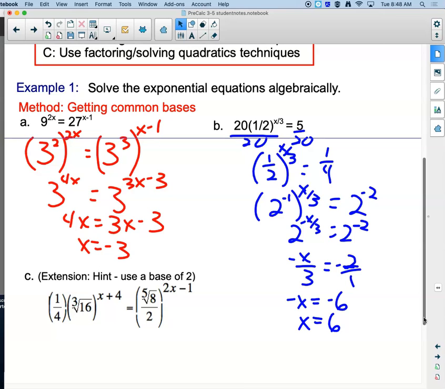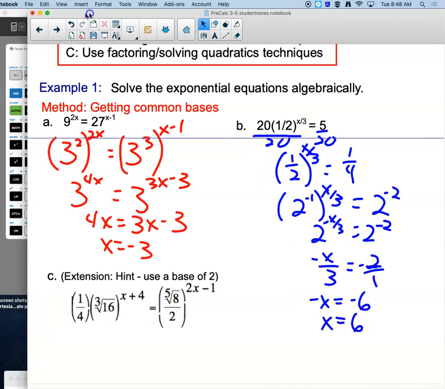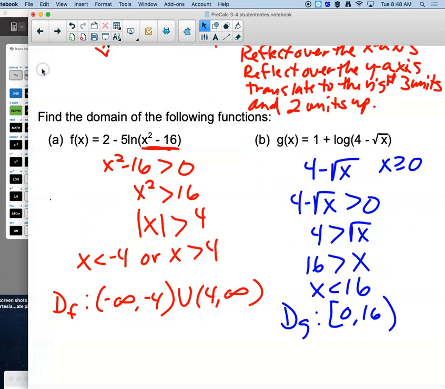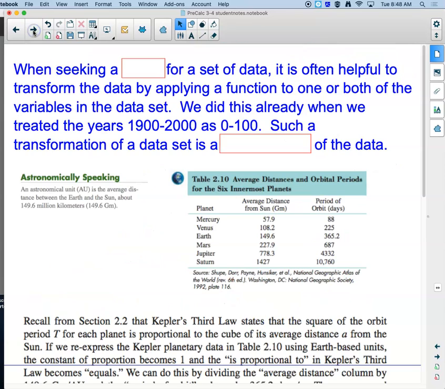So like I said, I didn't want to do a lot with this today, but I just wanted to get a little bit of a head start, so maybe we're not packing so much in the next couple of days. All right, and I promised to talk to you about when we use the fact that we've got a model and we re-express the data. Most of the time this is going to be in science class.